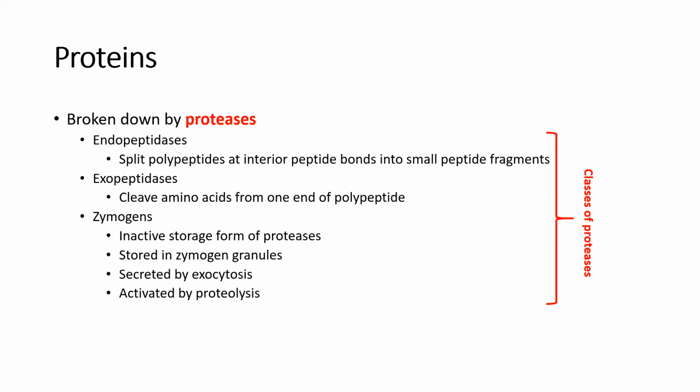And they are then activated, converted to their activated form, and then they can begin to break down the protein. So the way that we store these enzymes is in an inactivated form. They're generally called zymogens. And then they can be activated when they get to the lumen of the duodenum, and then they can begin to break down these proteins, either cleaving the amino acids at the periphery, if they're exopeptidases, or cleaving amino acids within the peptide bond if they are endopeptidases.